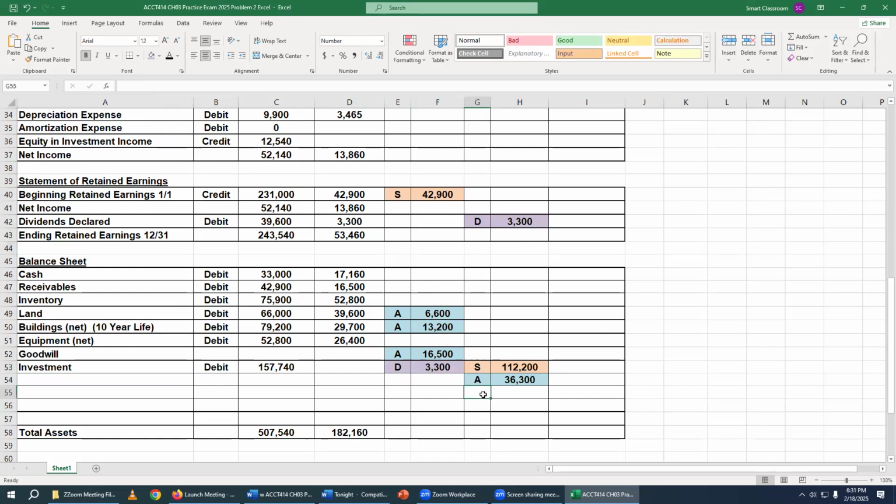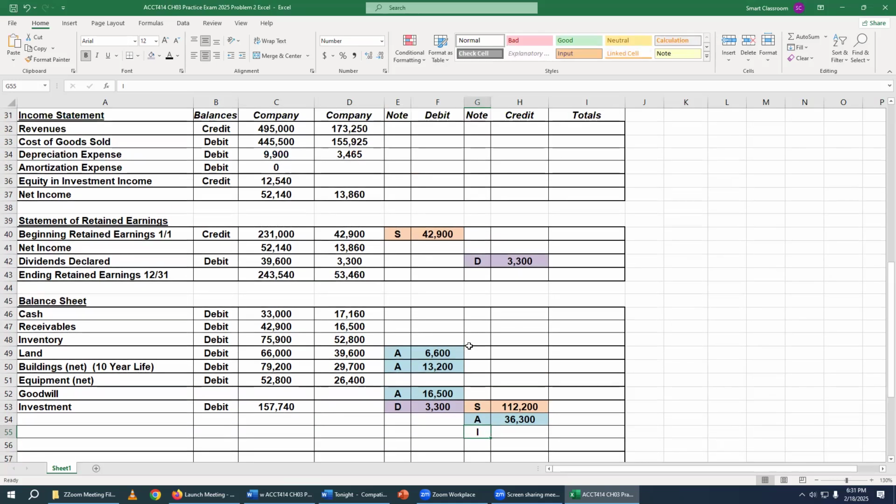We need the income. And so we come up here and this is our income. It's got a credit, we're getting rid of it with a debit because we're going to include all of this in our total over here.